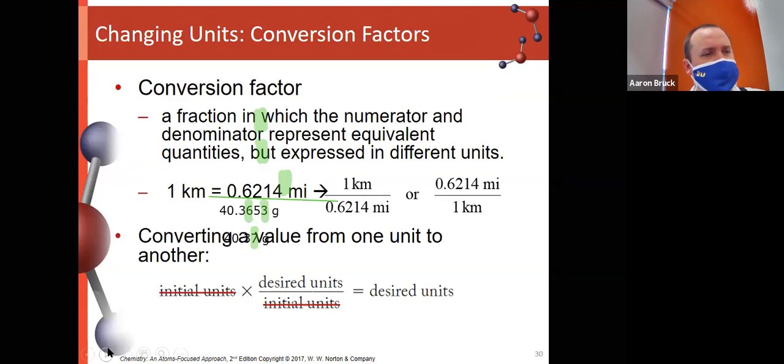And so this brings us into a larger discussion overall of significant figures. And when it comes to significant figures, there are some rules and guidelines that we need to follow.